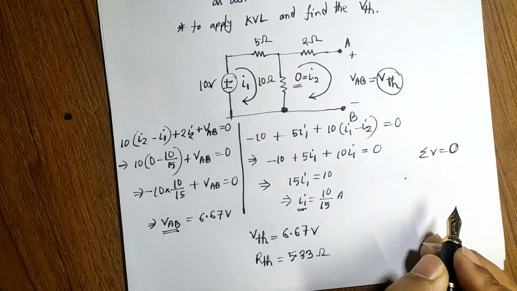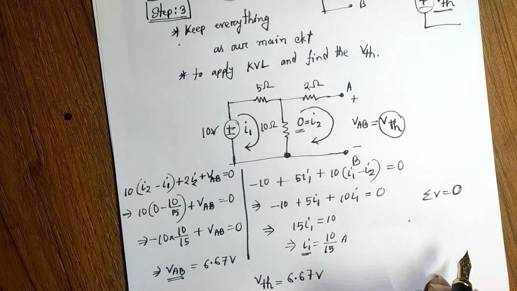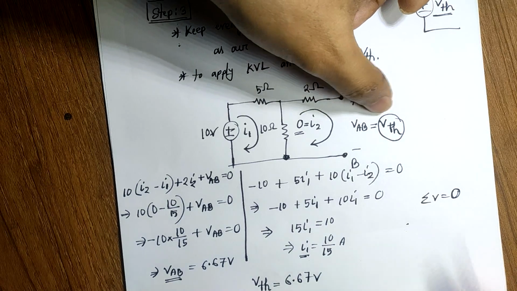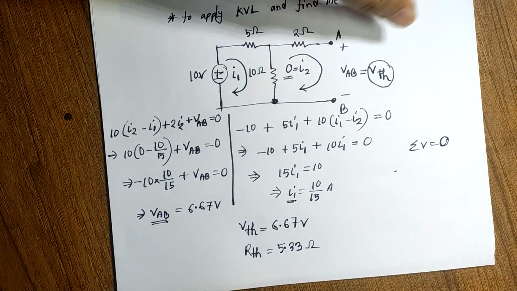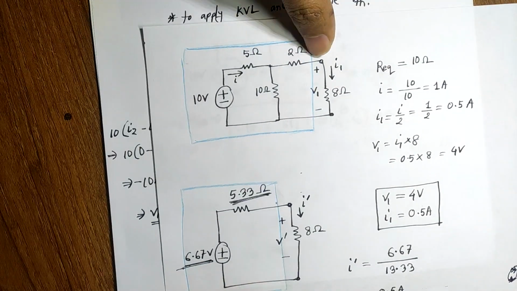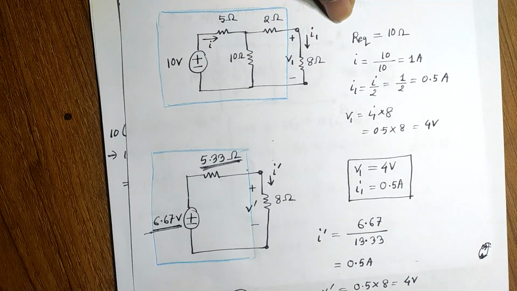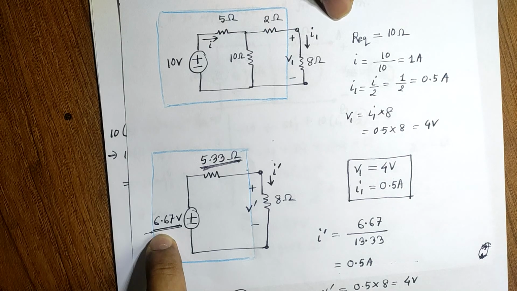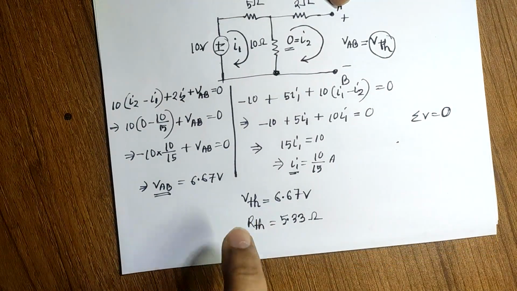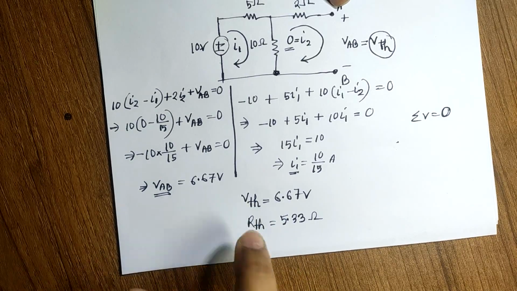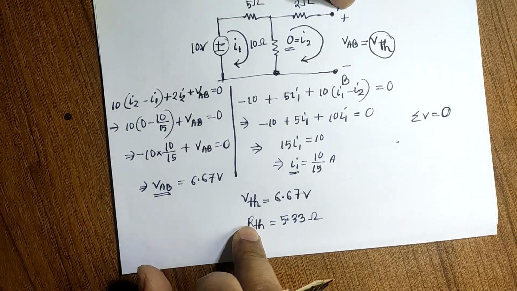And using step number 3 and applying KVL, we determined the value of VAB, which is VTH, and we obtained the value as 6.67. Those are the values I used to demonstrate in our previous example: a voltage source of 6.67 and a resistance of 5.33. That's how you calculate the value of VTH and the value of RTH.